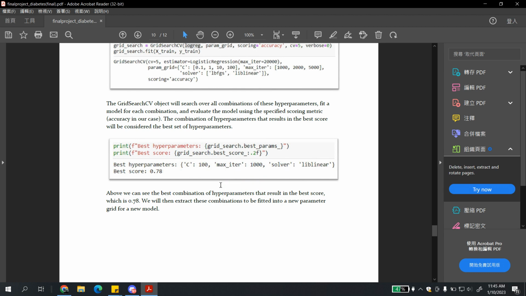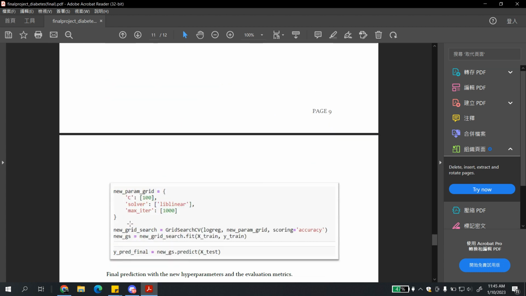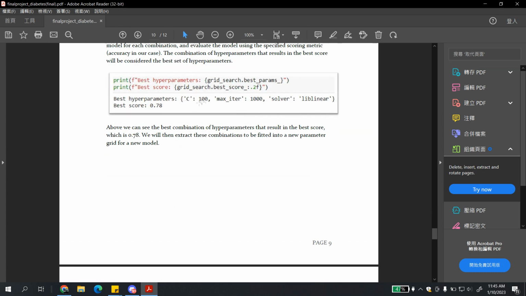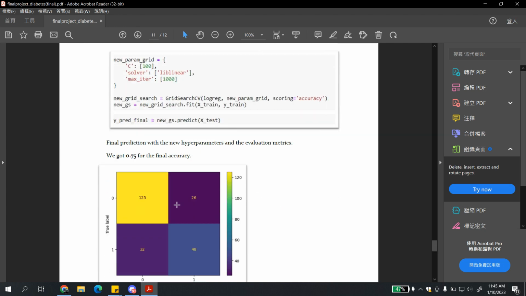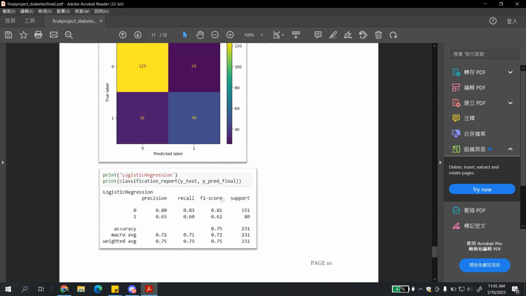So as we can see, the combination of hyperparameters that result in the best score are these. So what I'm going to do is create a new parameter grid using just these values that I'll consider the best, and for the final we don't really get an improvement because the accuracy is still 75% from 74%.